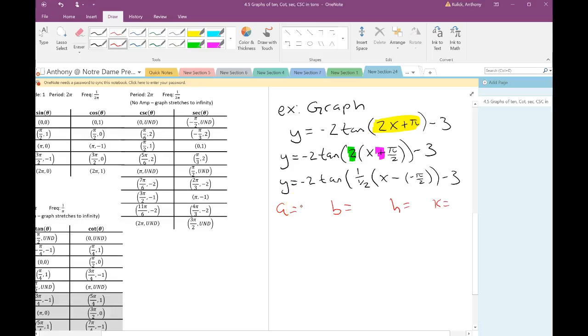So the A value is -2. The B value is? The H value is? And the K value is? Everybody happy there? Okay. So the map that I'll write is going to be 1/2 x, plus, well, I'm going to write it as minus, I suppose, because it's plus a negative.